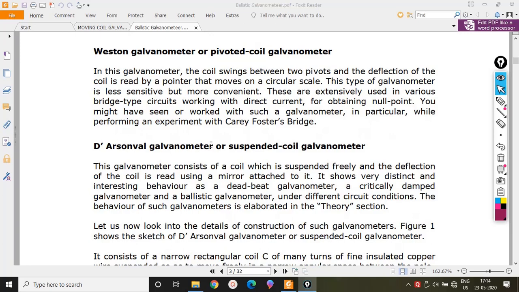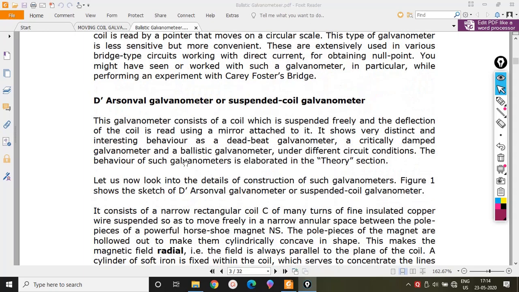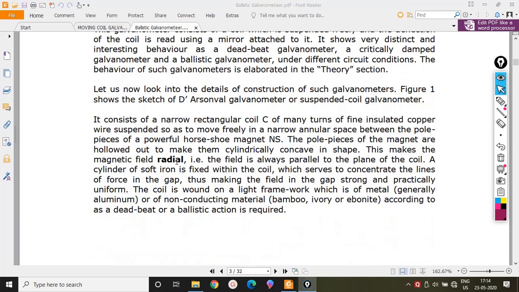In this case, again the principle is the same. You have a coil and a current will be passed, but here the structure will be completely different. You will have the galvanometer coil, but it may be wound on a non-conducting material.